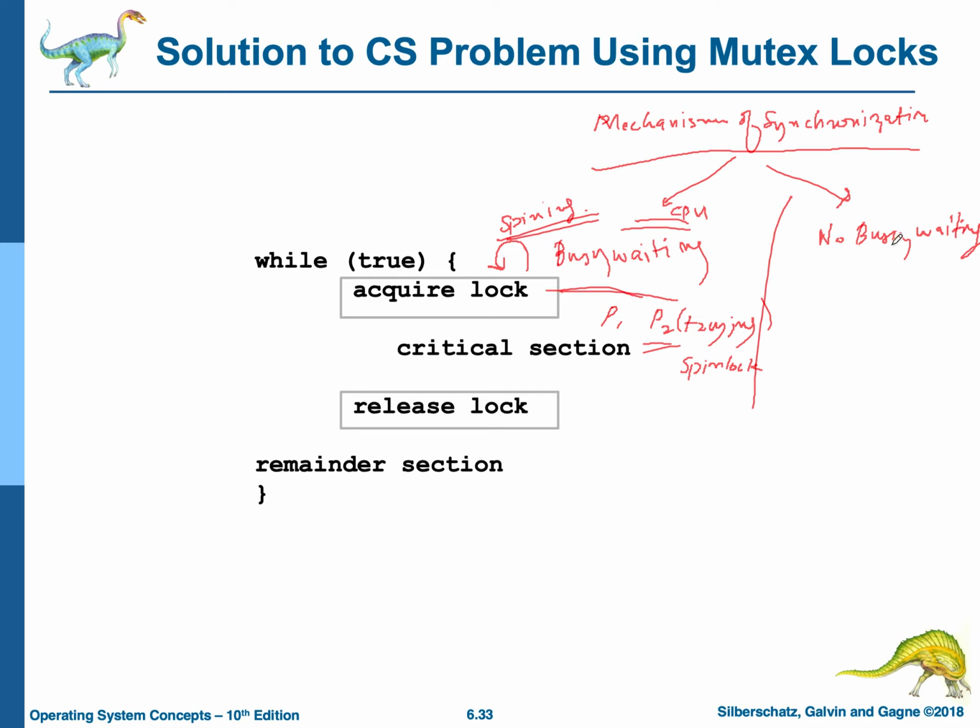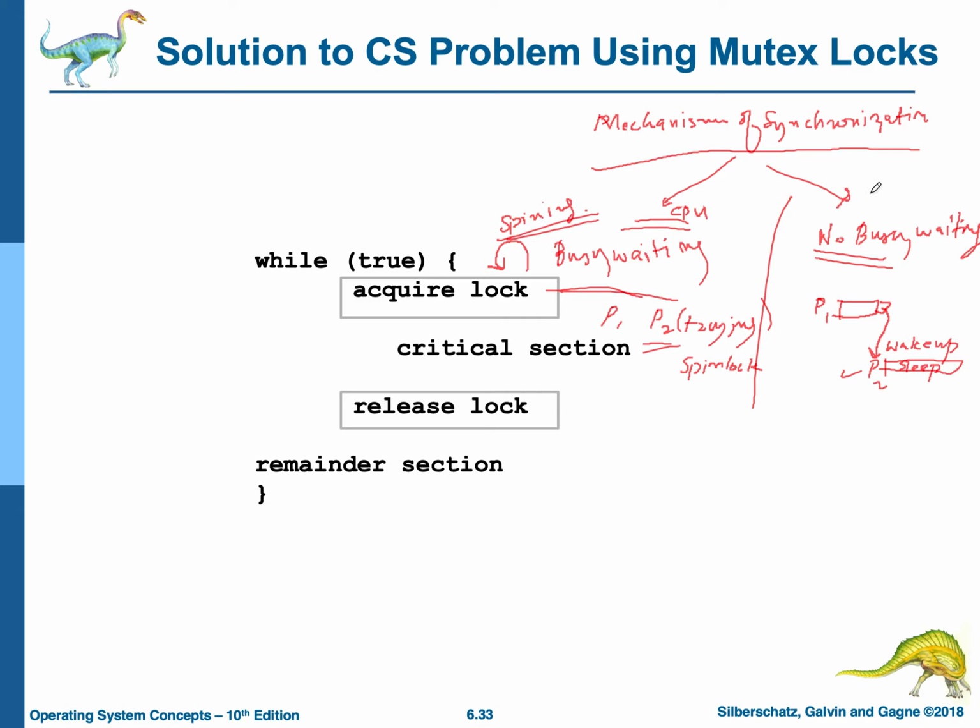Alternatively, we have no busy waiting, where if P1 is in its critical section, then P2 goes to sleep. It does not keep on trying. P2 goes to sleep, and when P1 is over, it comes to wake up P2.